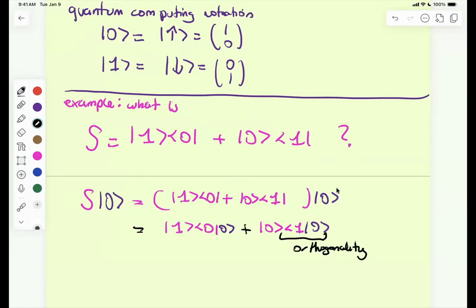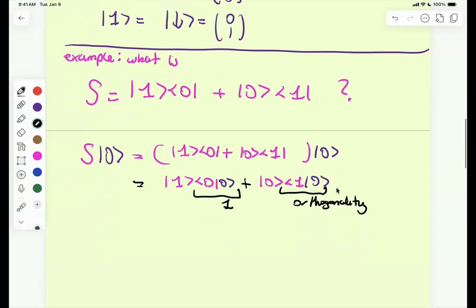And then this is the dot product of the 0 vector with itself, which is just the length. They are unit vectors, so this gives you 1. That means that what the matrix does on the vector 0 is just send it to the vector 1.